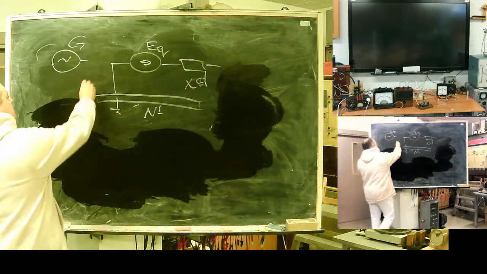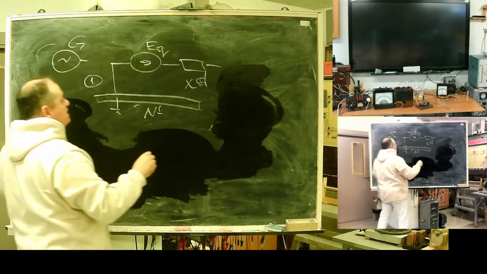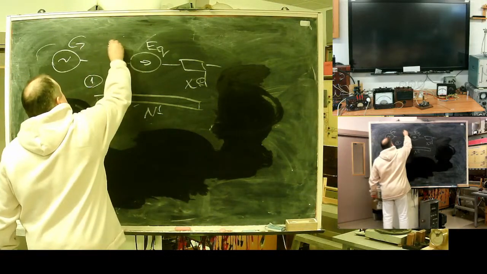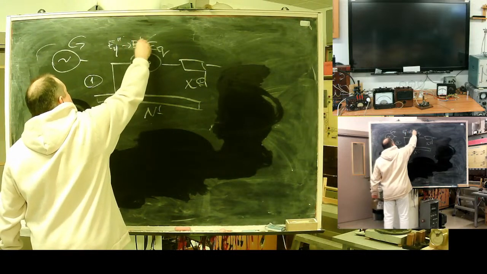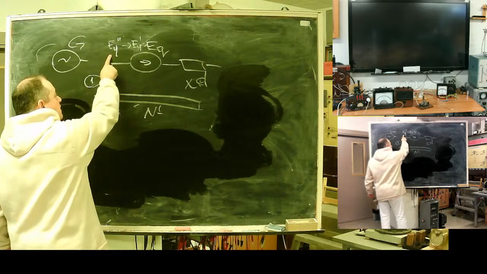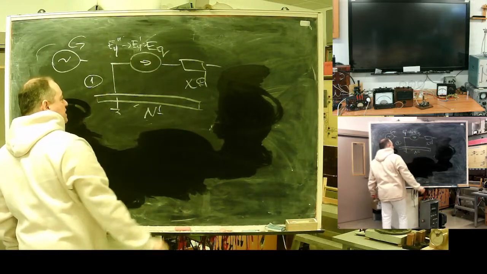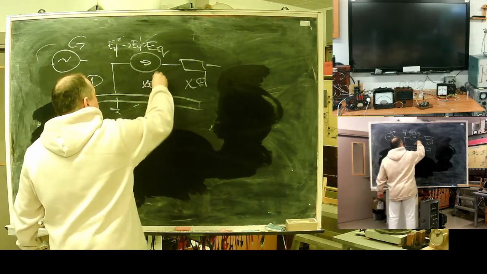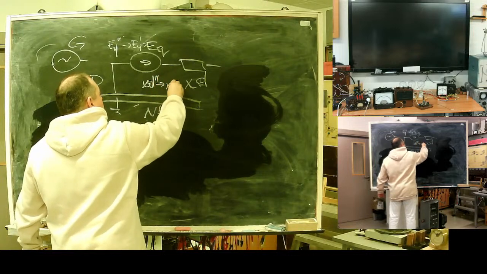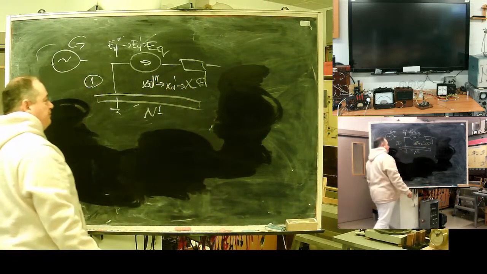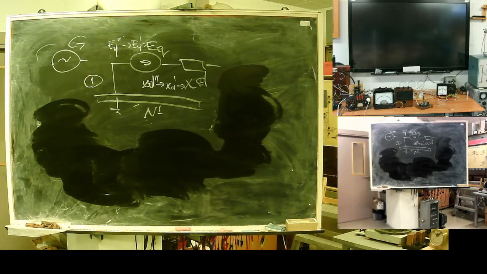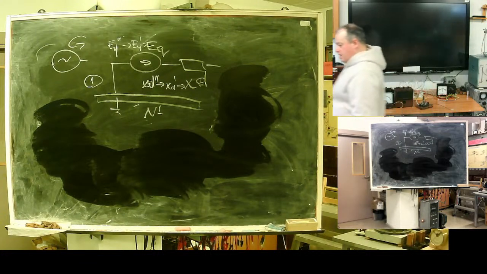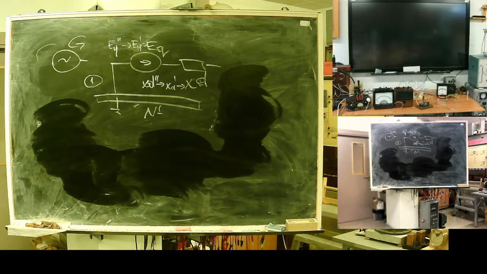Next, this is for direct sequence: super transient, transient, steady. In case of negative sequence, what problems will we get with our machine?